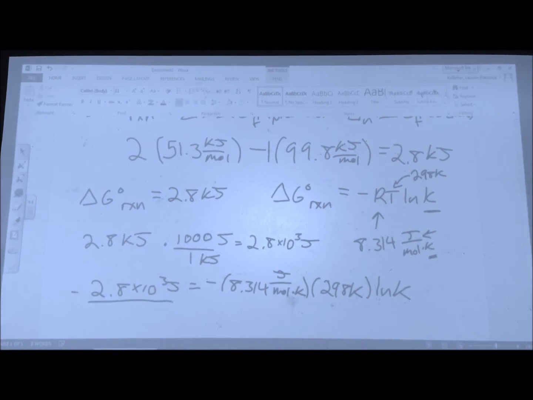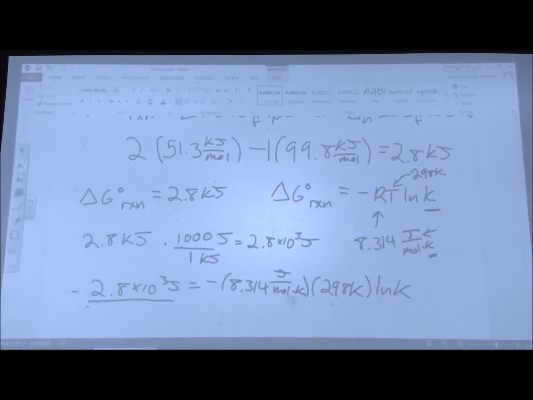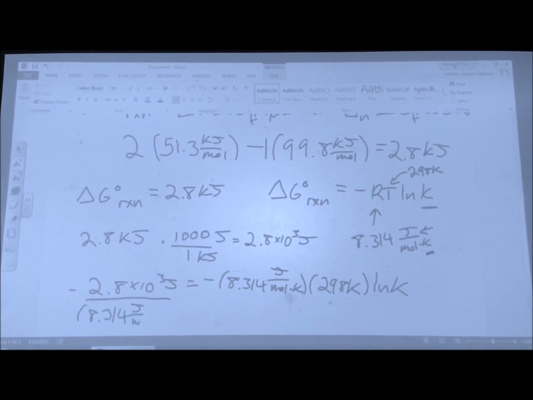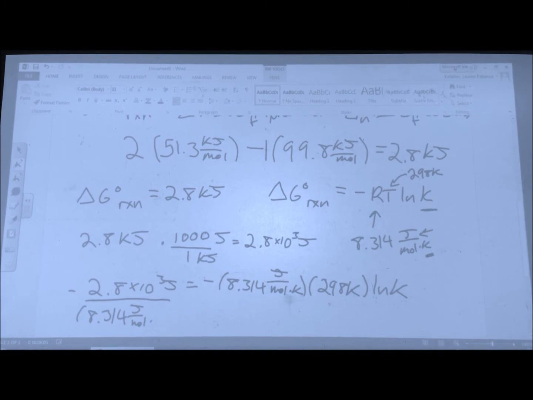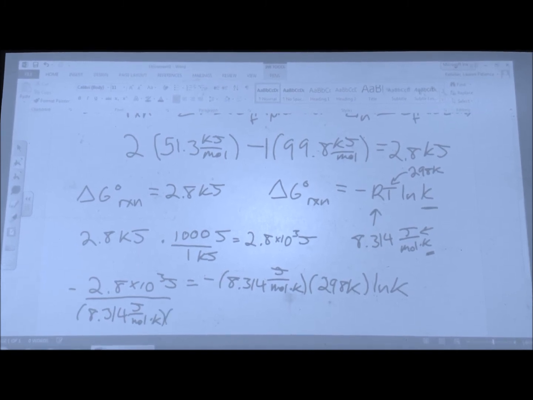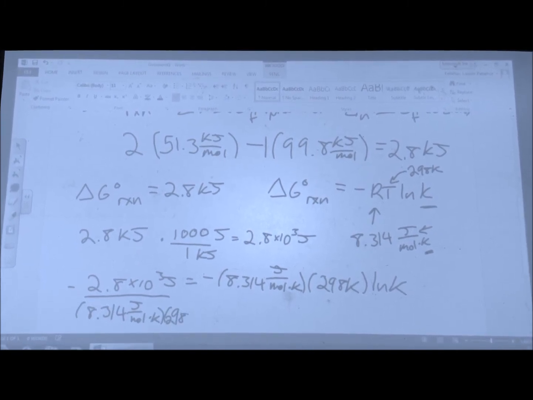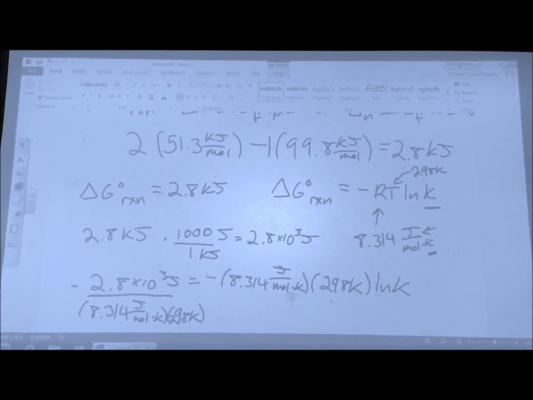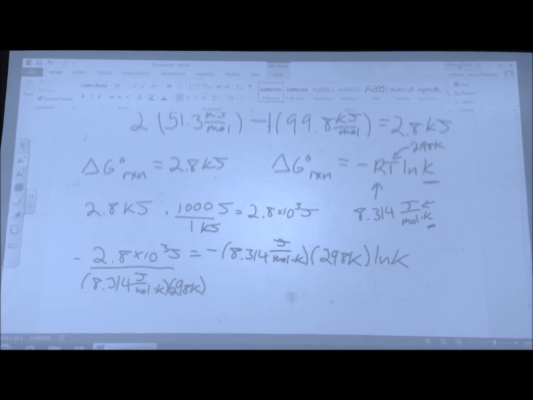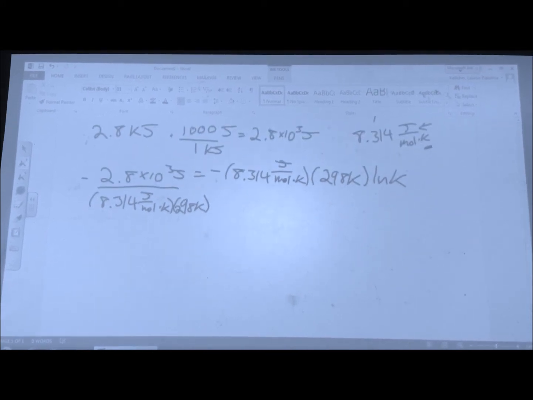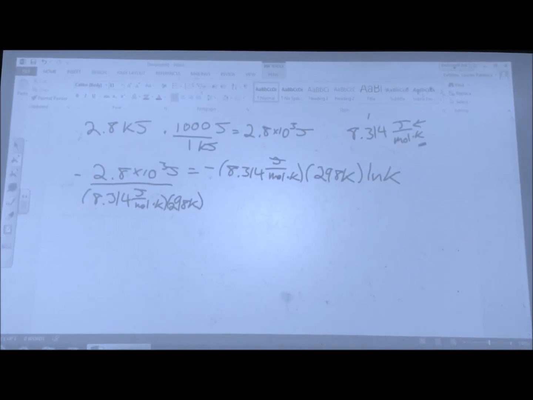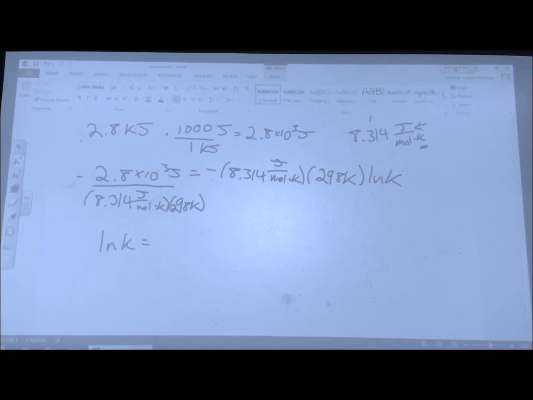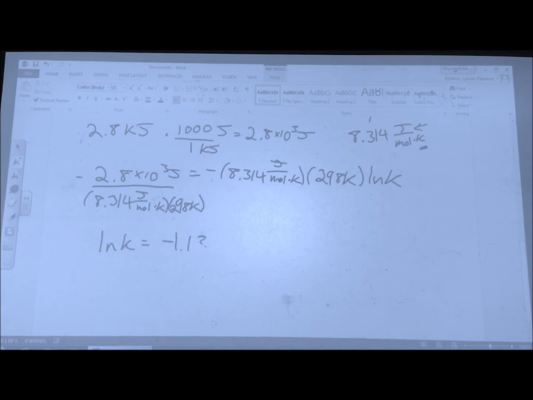So it's going to be negative, so we have 8.314 joules over mole times K times 298 K. Now once we've got that value, which go ahead and calculate it with me so you can follow along, we get ln K equals negative 1.13.